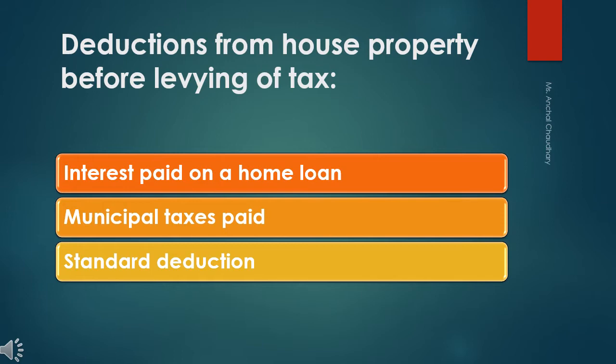After computing the gross income from house property, you will deduct 30% as your standard deduction.